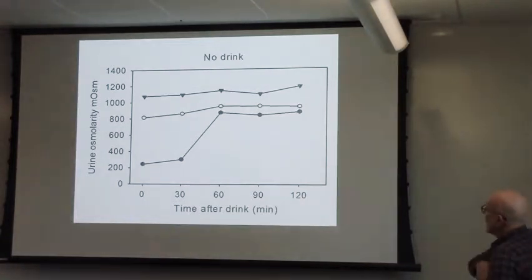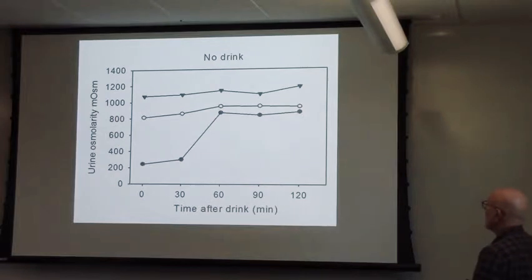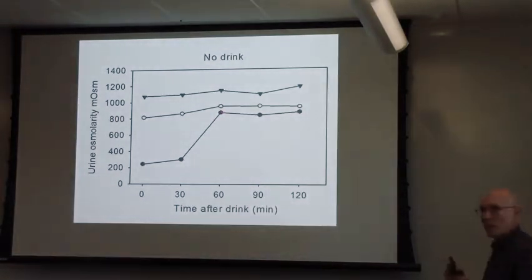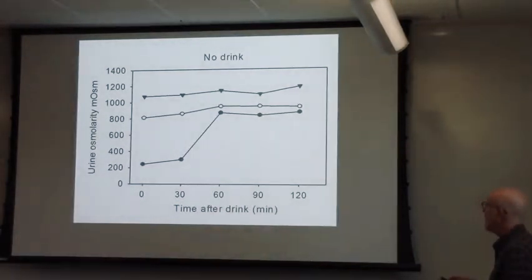And for the one that came in fully hydrated, the osmolarity of their urine rose within an hour and then stayed relatively high. So this is evidence from people like you of individual variation and individual responses to drinking water or not drinking water.